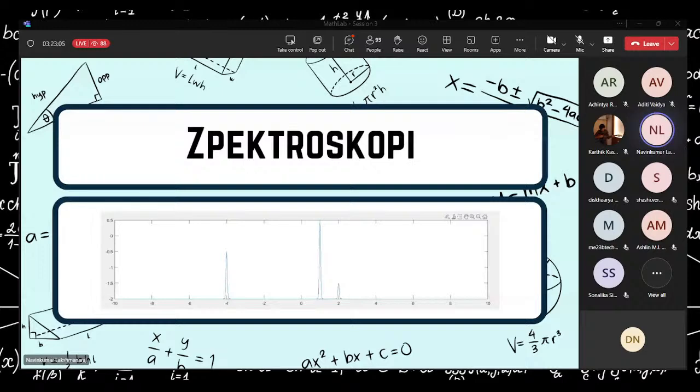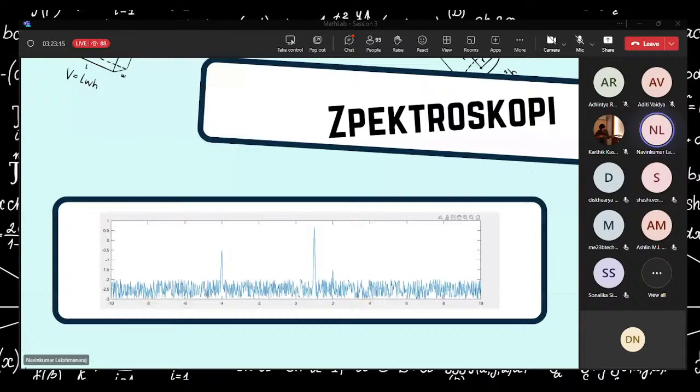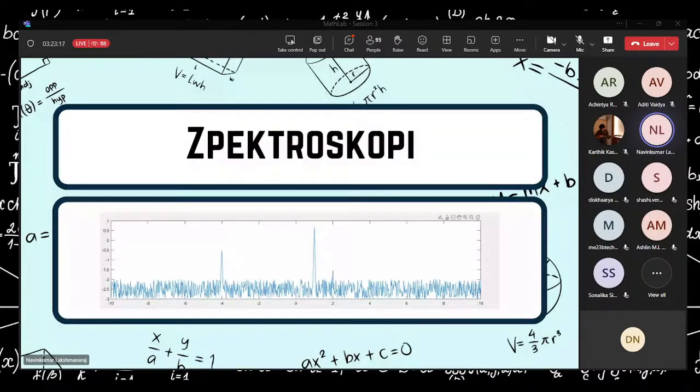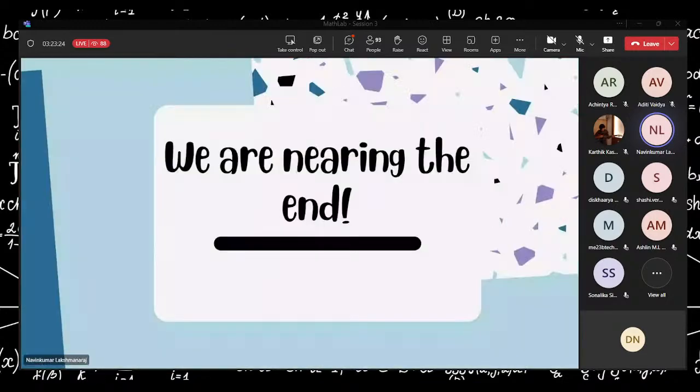And before we end the session, I'd like to have a recap of what we have learned in MathLab, right from session 1 to session 3, just to ensure that we are all on the same page. In the first session, we began with numerical techniques for root finding, being Newton-Raphson and bisection.